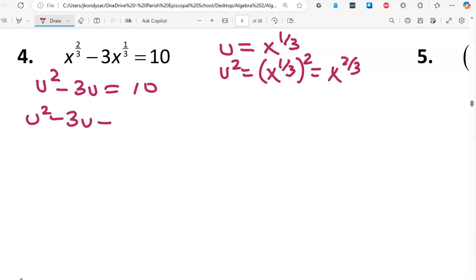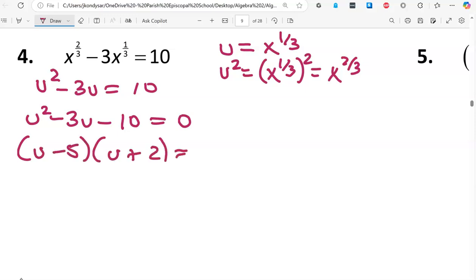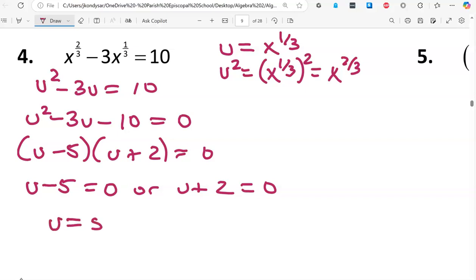Moving the 10 to the left side of the equation so that we have 0 on one side, we can factor u minus 5 times u plus 2. And so u minus 5 is equal to 0, or u plus 2 is equal to 0, which gives us solutions of u equal 5 or u equal -2.